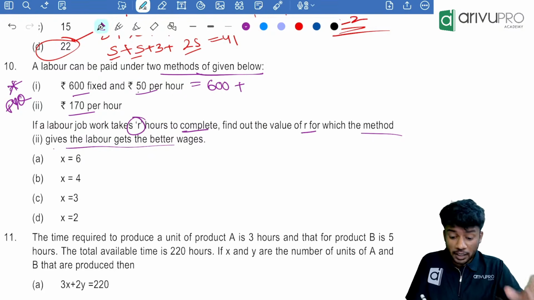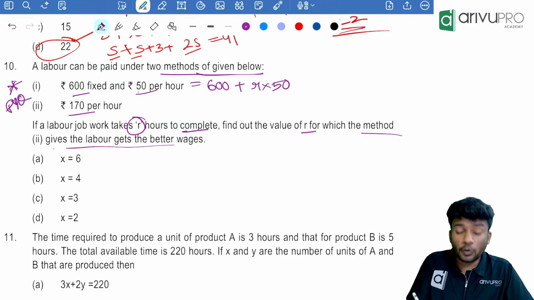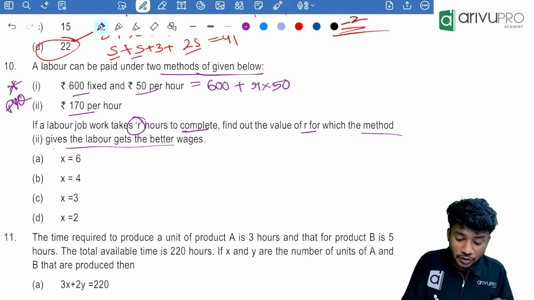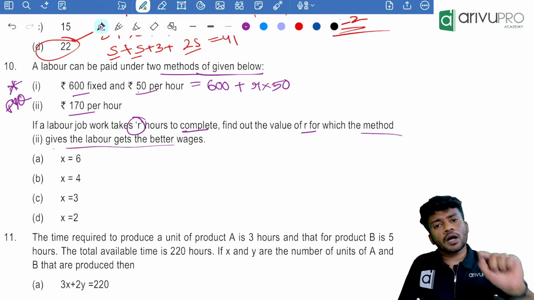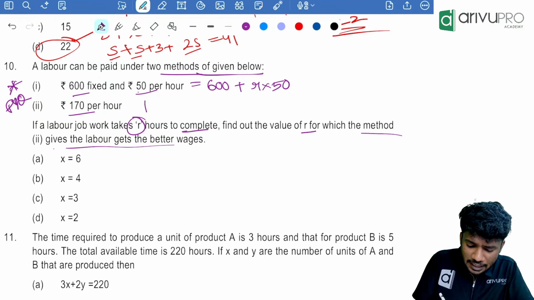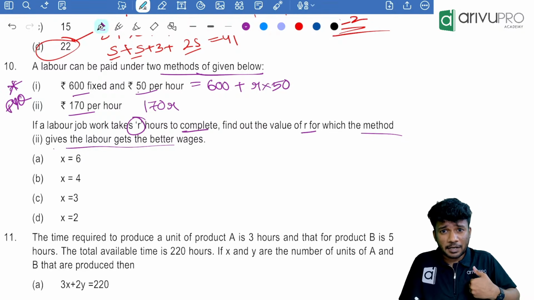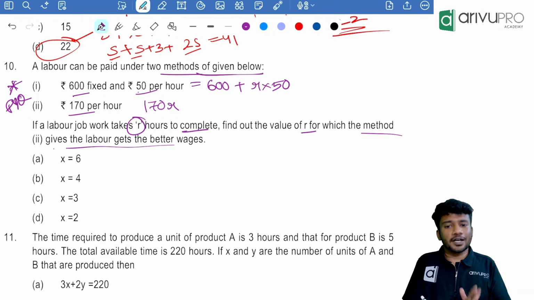That means if I work for R hours, I will be paid 50 rupees for each hour. So the total amount I will receive is 600 plus 50 into R. In the second case, I can directly write 170 into R. That means 170 is the per hour rate multiplied by the number of hours I am working.